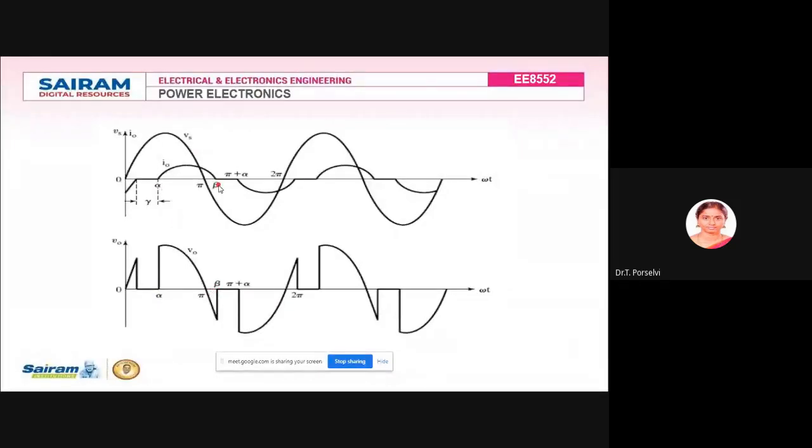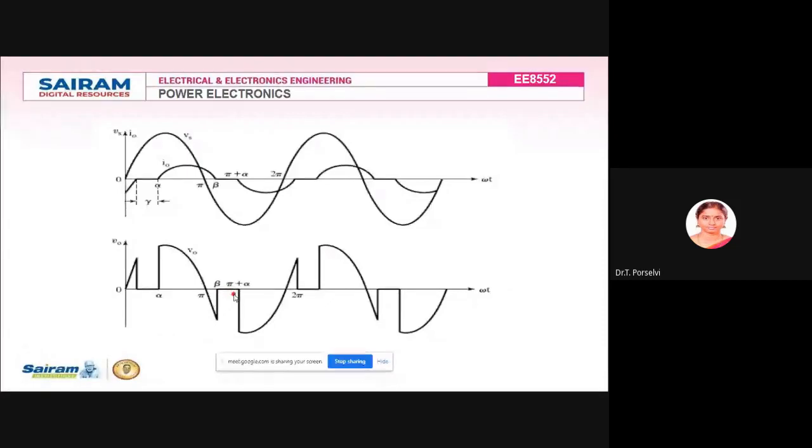Whenever your thyristor T1 is on, the output voltage follows your input voltage Vs. So from alpha to beta, the output voltage is the same as your input voltage Vs. From beta to pi plus alpha, since no current is flowing because of the discontinuous conduction mode, no device is conducting, so the output voltage is equal to 0.